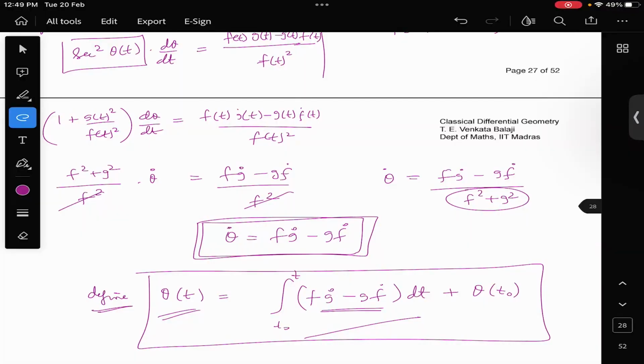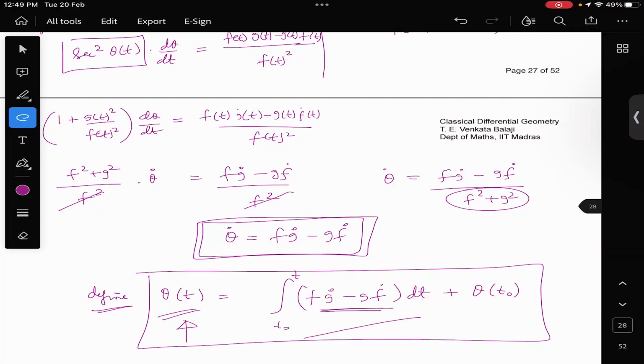That is because it's the integral of a continuous function, and differentiation and integration are inverse processes. So if you differentiate theta, you are supposed to get the integrand.